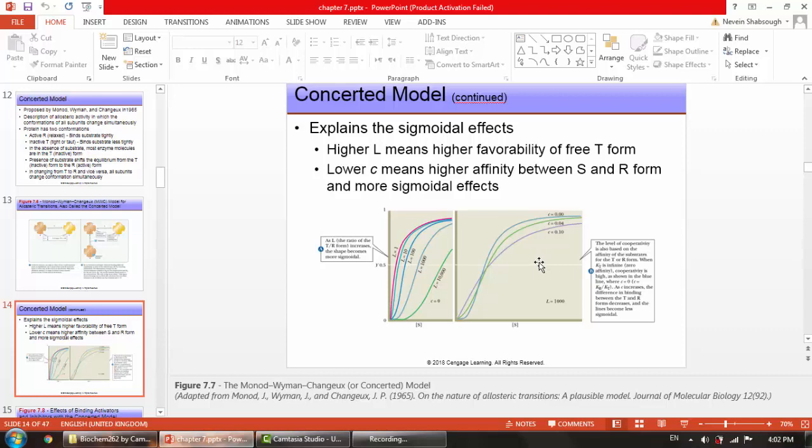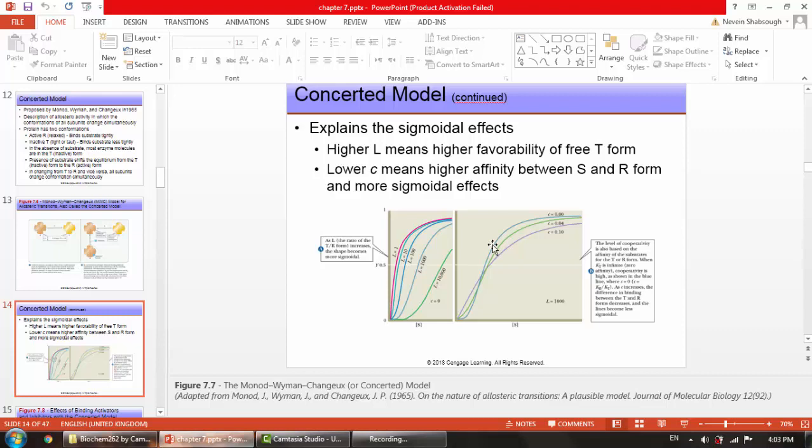Now also, the second part refers to a plot of Y versus substrate concentration at constant L equal 1000. We notice here that the level of cooperativity is based on the affinity of substrates for the T or R form. When Kt is infinite, cooperativity is high, as shown in the blue line here.